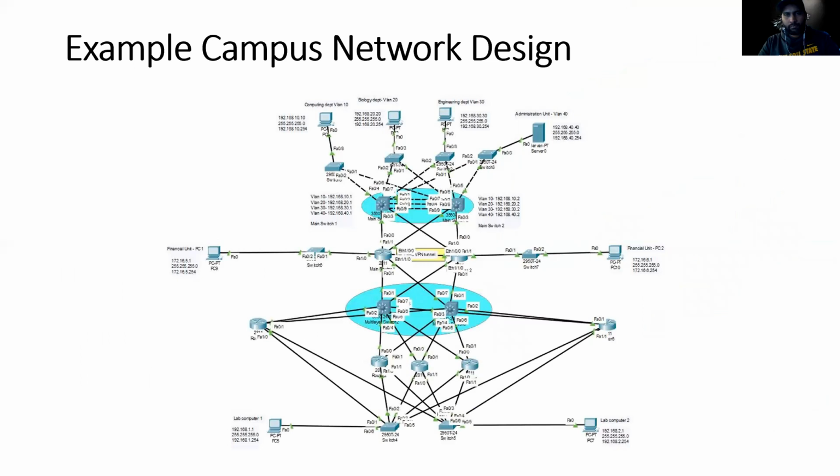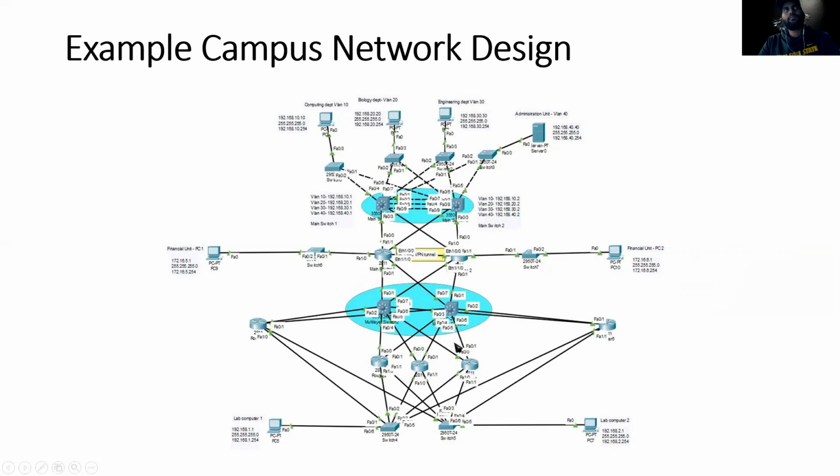This is an example campus network design, which I designed using Cisco Packet Tracer. The basic idea of this design is to show viewers how a campus network works. I have used many routers and switches to control the redundancy of the network.